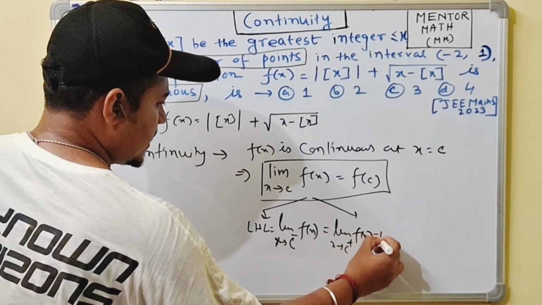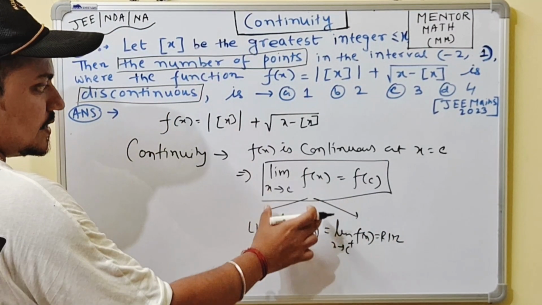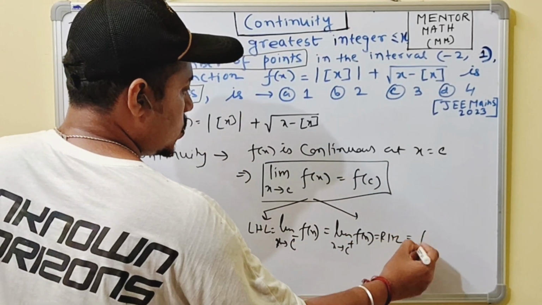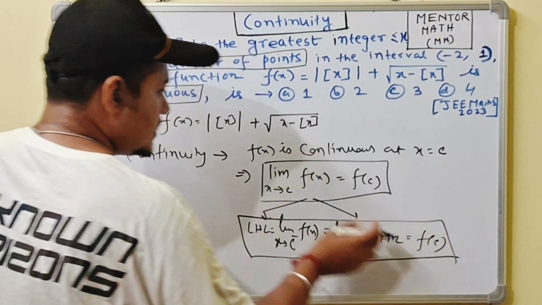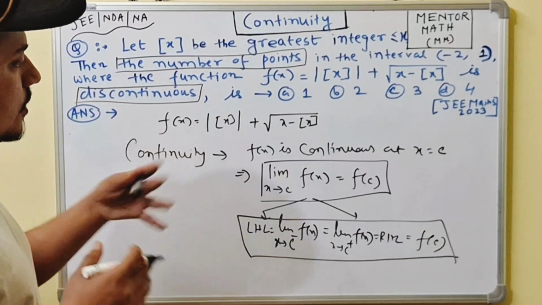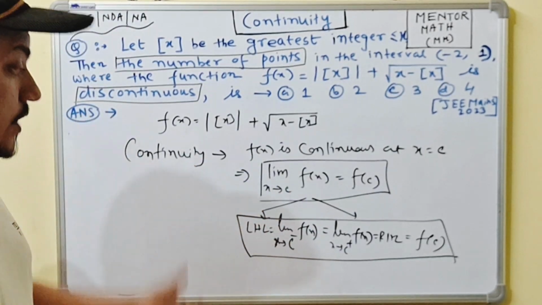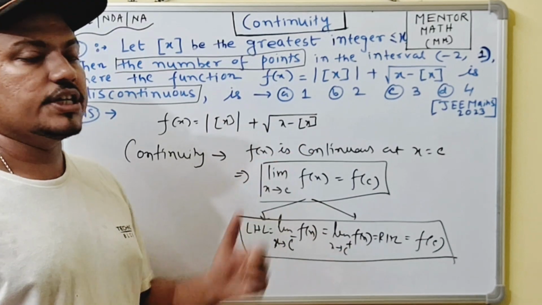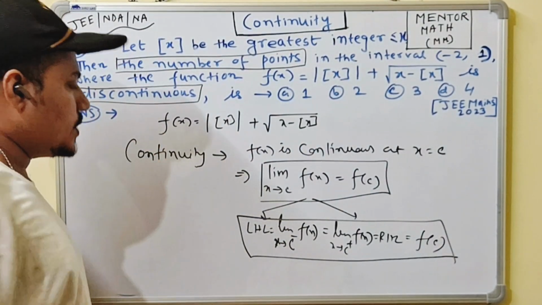If these two limits are equal, the limit exists and gives some value, which is equal to f(c). If this condition is satisfied, the function is continuous. But if the condition is not satisfied, the function is discontinuous. Okay, so let's go to the next concept.